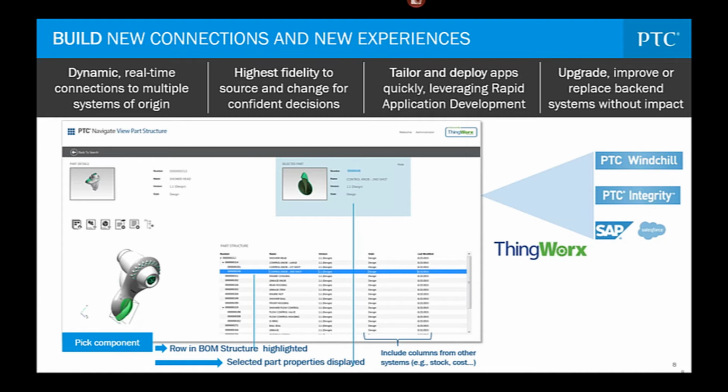We're talking about bringing together data from all those systems in an experience that's tailored for a particular role, for a particular task, without need to upgrade those back-end systems, without the need to migrate. You simply consume, bring together in a way that you can facilitate those tasks and accelerate decision-making and improve decision-making.